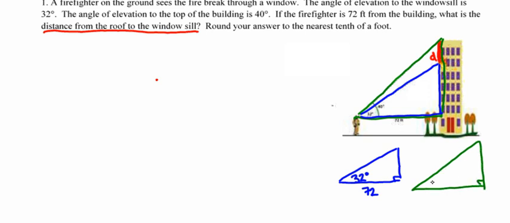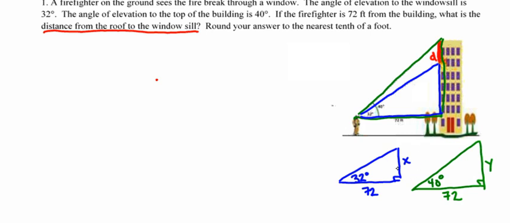Its angle of elevation now is 40 degrees, but it has that same horizontal distance of 72 feet. I can use trig to find the height of the blue triangle, which I'm going to call x. I can also use trig to find the height of the green triangle, which I'm going to call y.